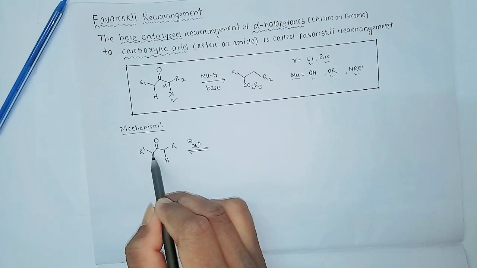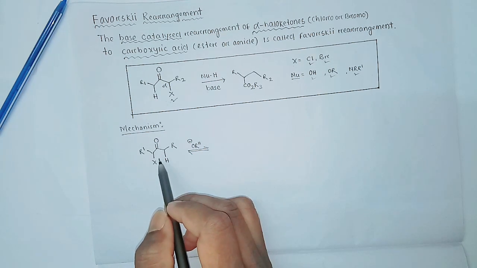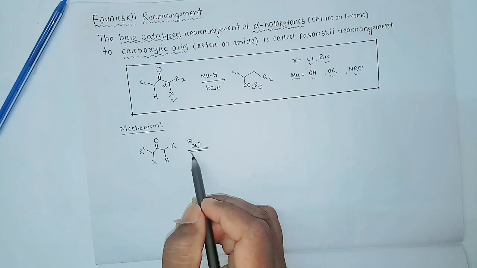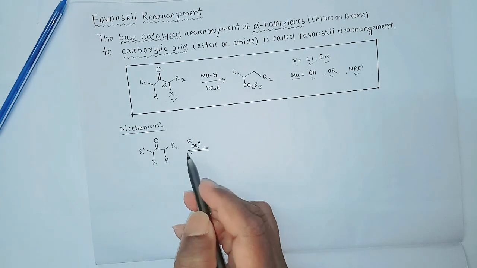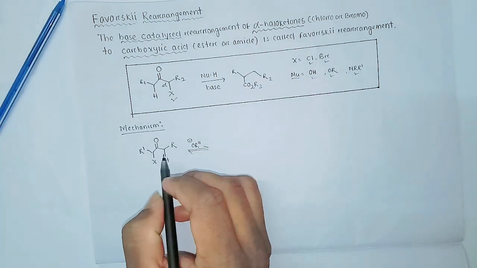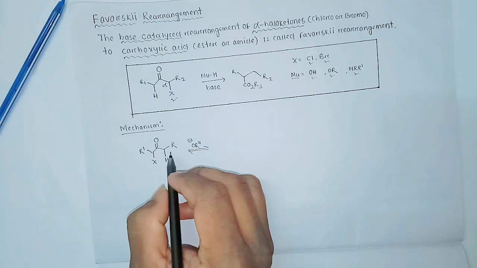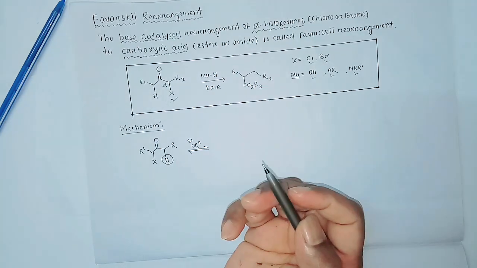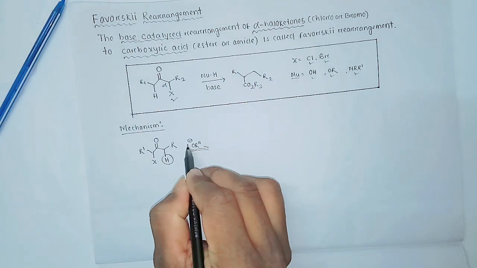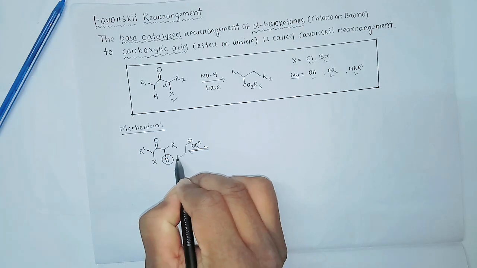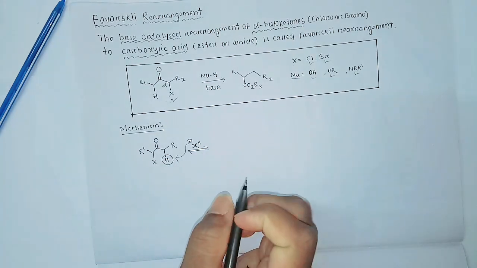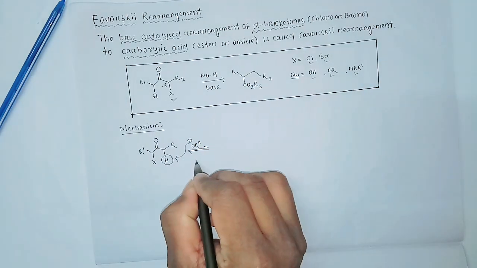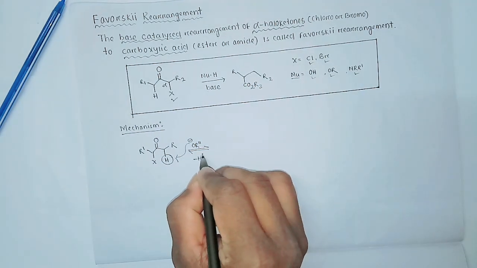Here one proton will be removed because we have a base. We have a hydrogen here, so this OR group will attack this side and this H plus will be removed.